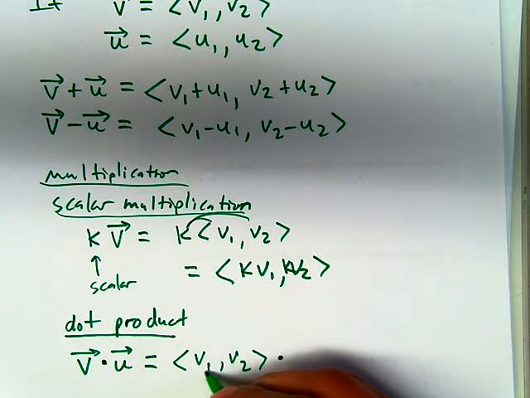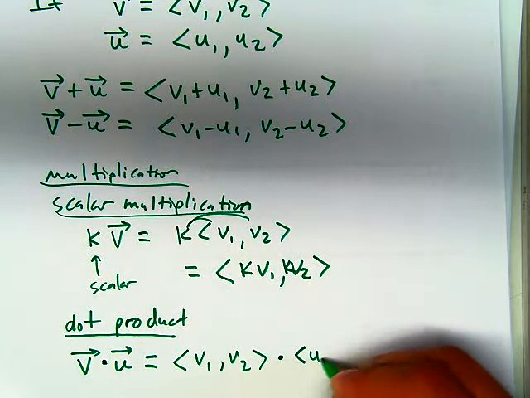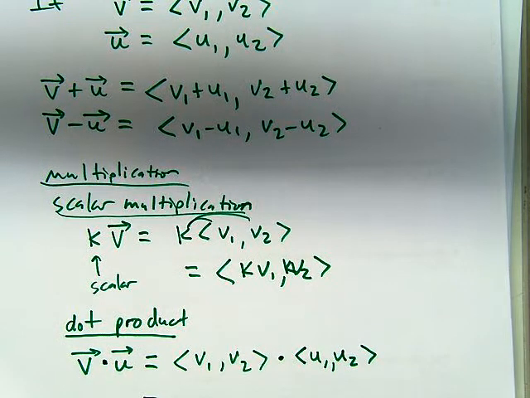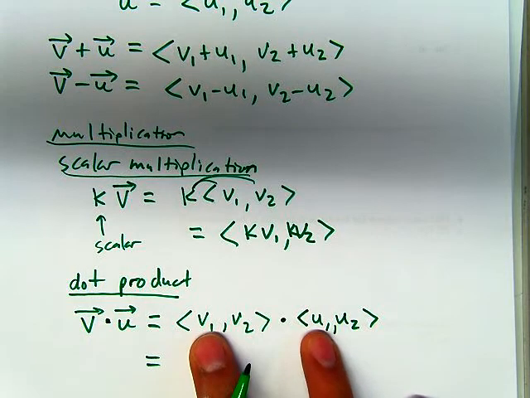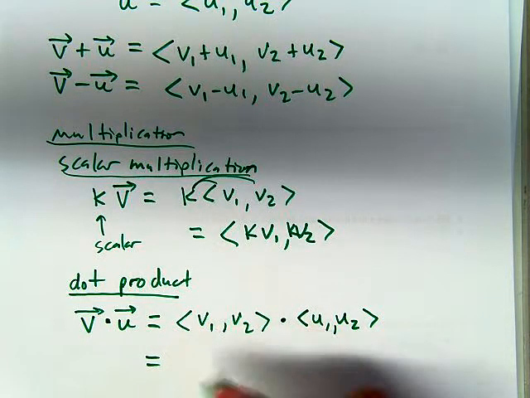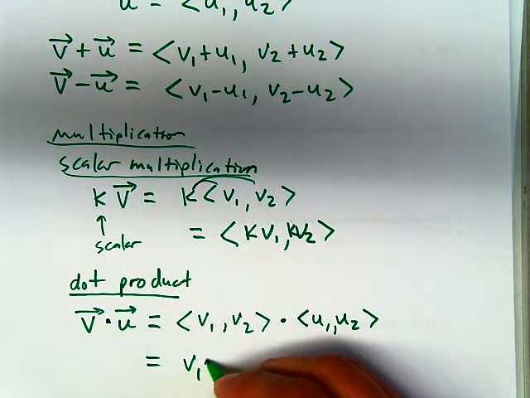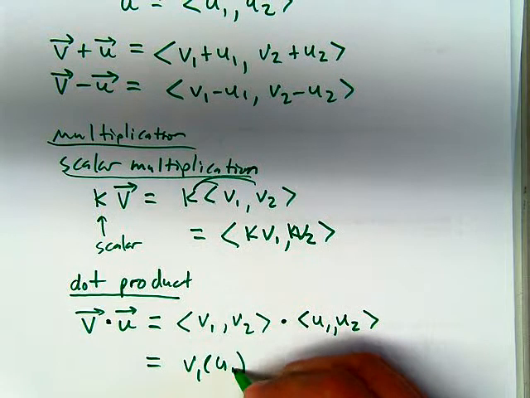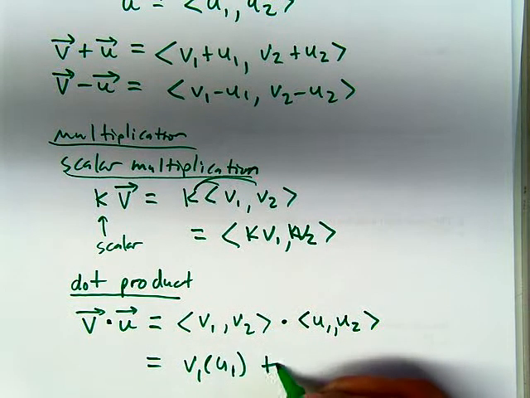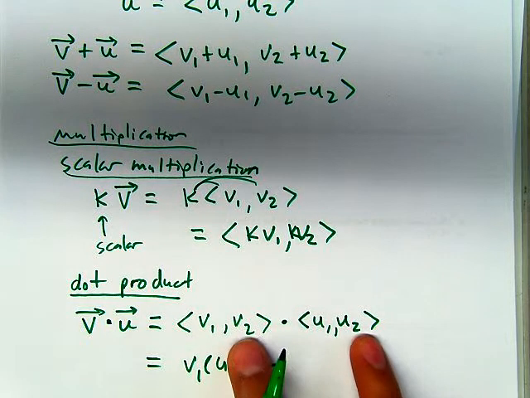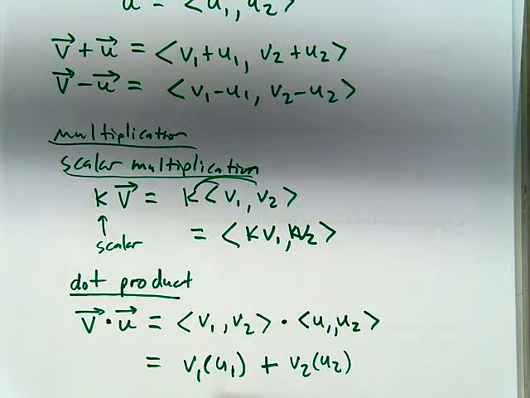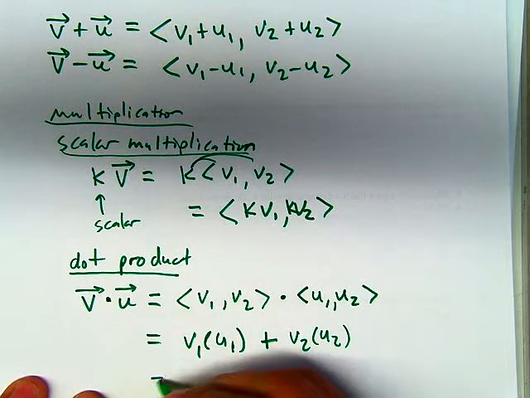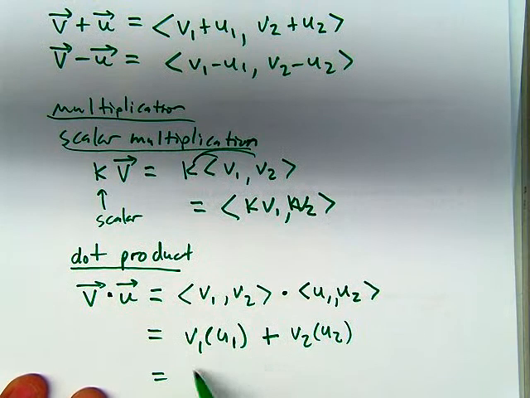So if I take v1 comma v2 and dot it with u1 comma u2, the dot product operation is simply multiplying the horizontal components together, so that's v1 times u1, and then adding that with the other product. So we take v2 times u2, and we add those two numbers up, and now we get a scalar. A scalar meaning we get some number here.